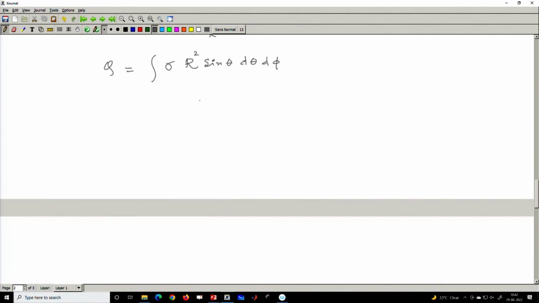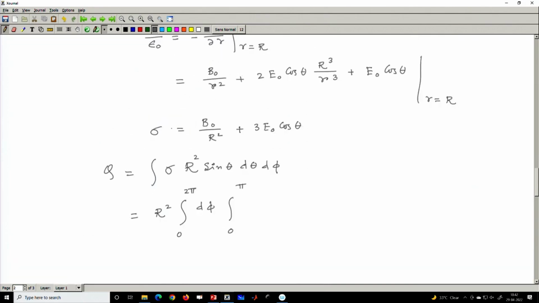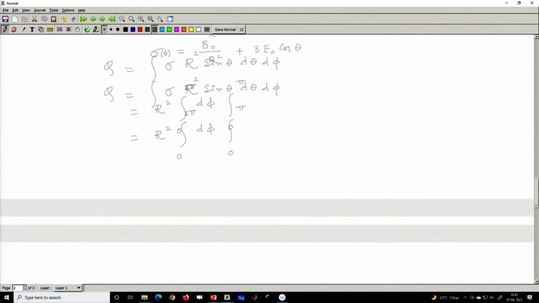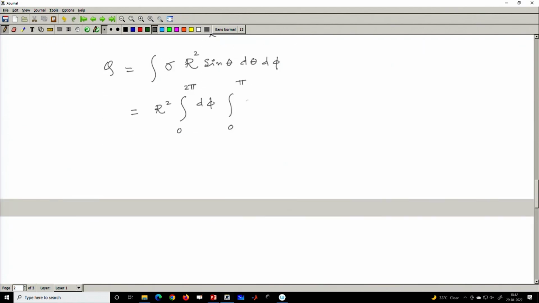Because it is a surface, my q is r square, integration 0 to 2 pi d phi, and then integration 0 to pi. Now you can see sigma is a function of theta, so the sigma should be inside the integration over theta.